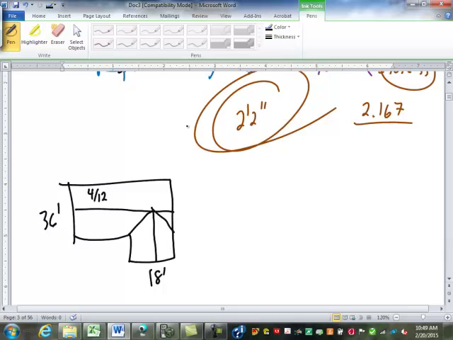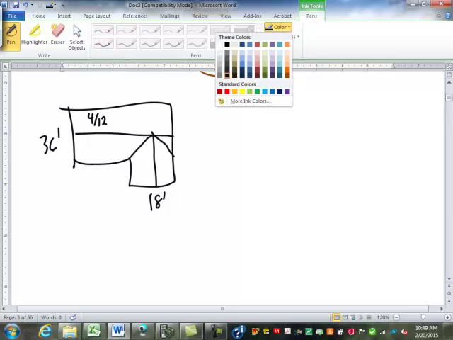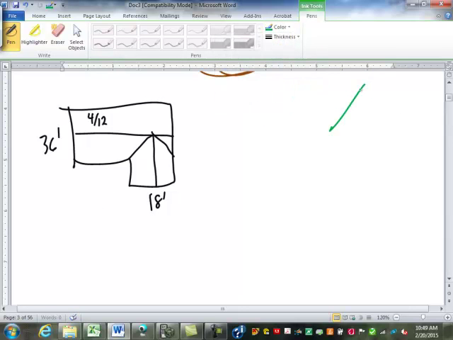We're going to start out with the common rafter again. Common rafter, 36 feet. Looking for H. 4/12 slope, 18 feet a run, H ends up being 6 feet. And again, I'm assuming you guys can do the 4 over 12 equals H over 18 to get the 6 feet.